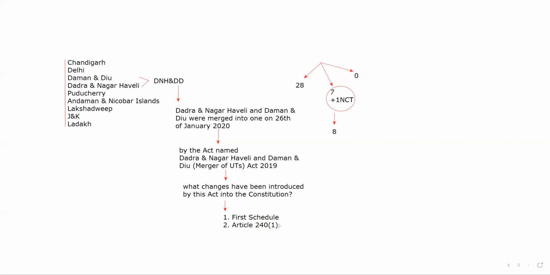So what is there in article 240 clause 1? These are the important things which we will study, which are not given in your books.